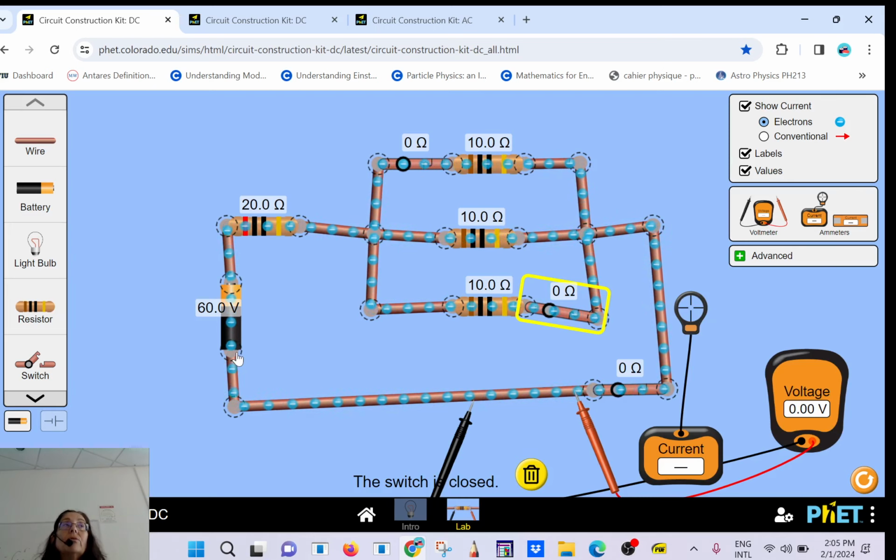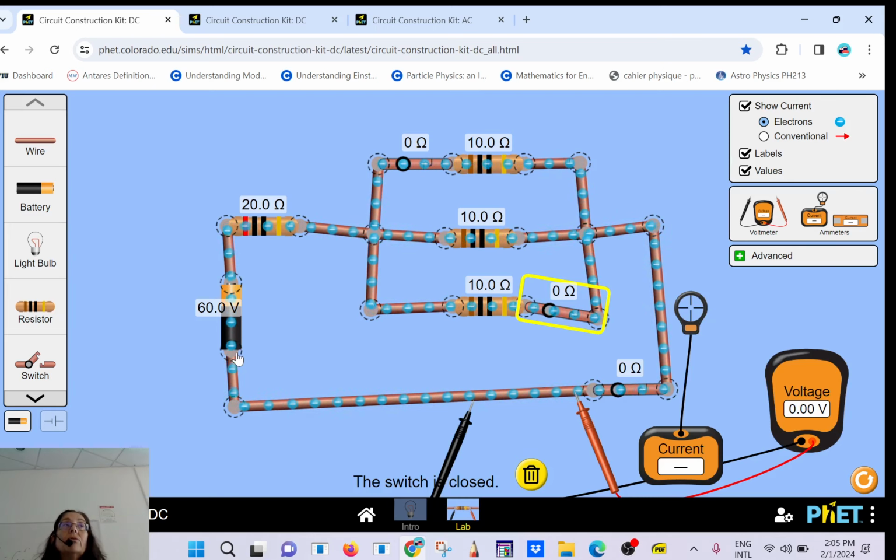So 3.3 repeating, is it more or less than we had before? Less. Before we had 10, now we have 3.3. So when you have a circuit in parallel, the equivalent resistance is always smaller than the smallest one. So if you have 10, the equivalent resistance is 3.3.